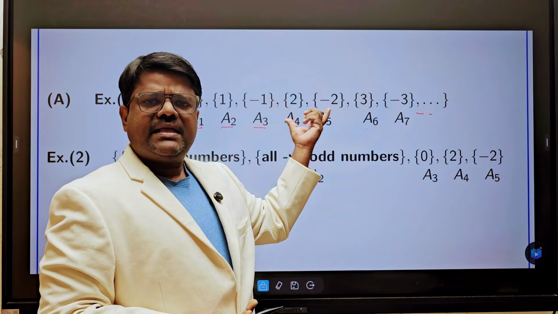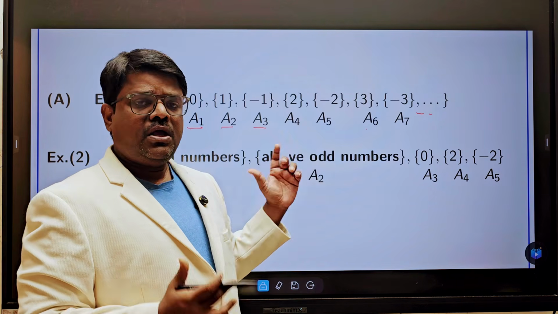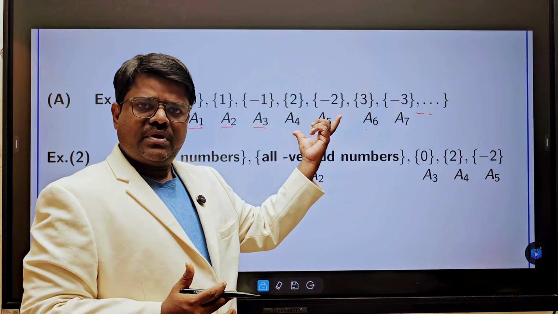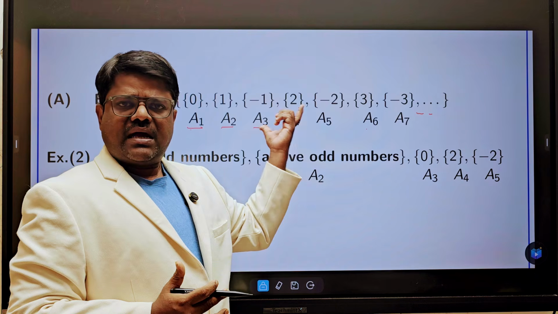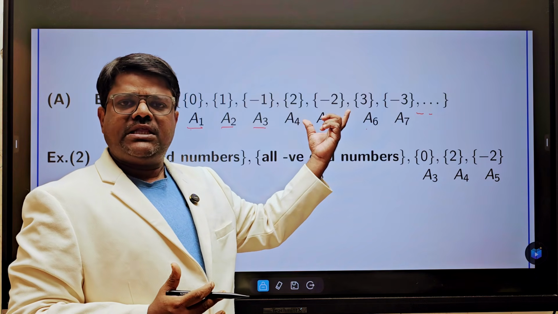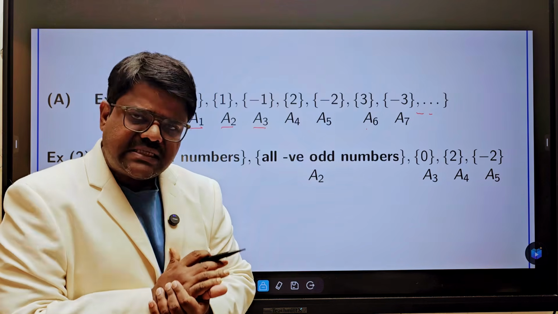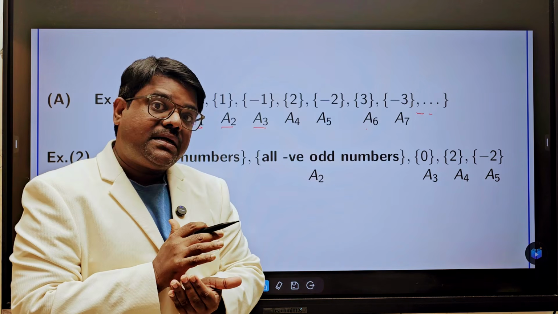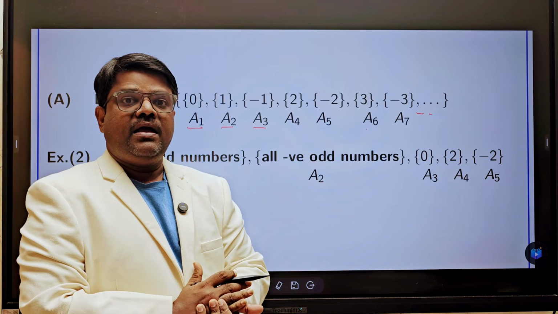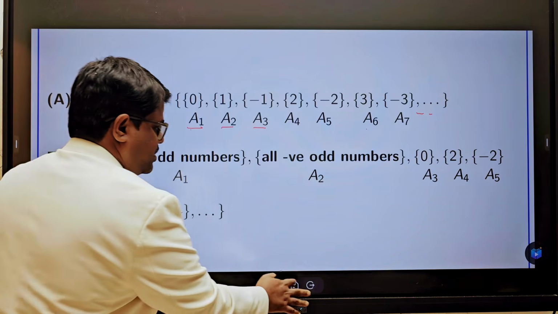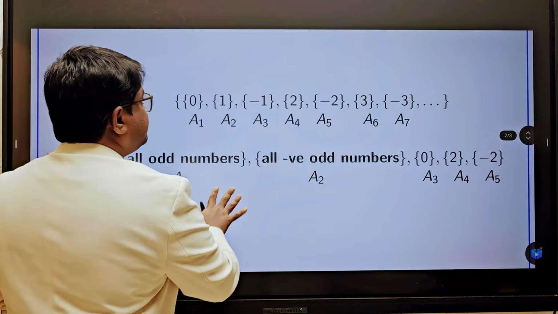So I am taking just some sample. By taking the union of this collection of subsets, I can form the set of integers. Yes, I can form it.